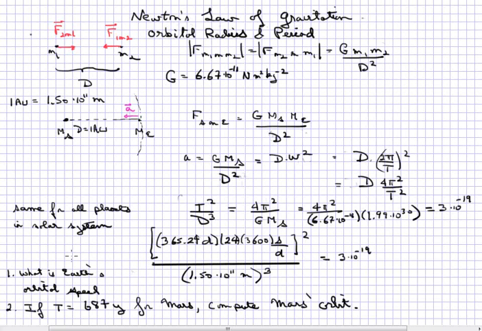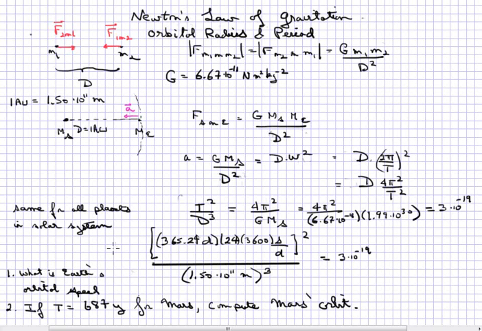This is actually known as one of Kepler's laws. Kepler was a mathematical prodigy, a genius, who helped Tycho Brahe with his data and made some important deductions, which Newton later explained in a more fundamental way.